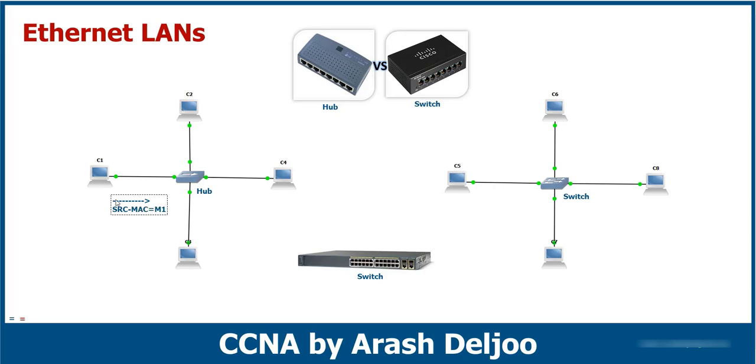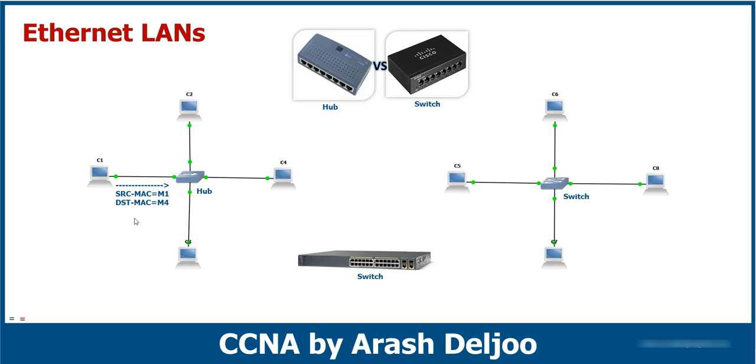M1 means MAC 1, and also a destination MAC. The destination MAC is, for example, M4. This means that we are sending one Ethernet frame with the source of computer 1 and the destination of computer 4.